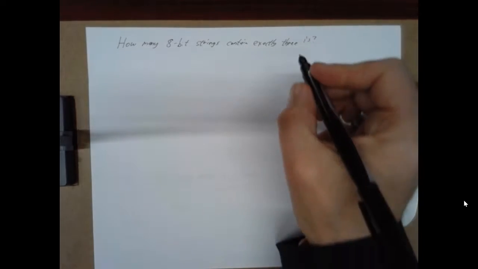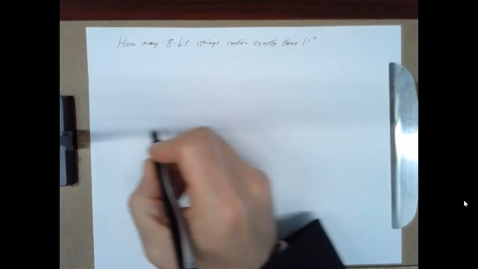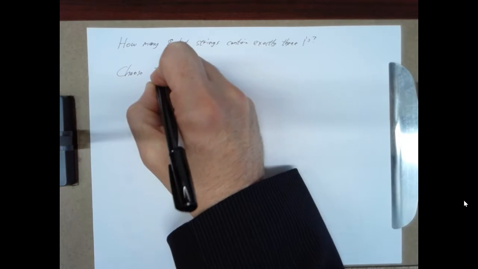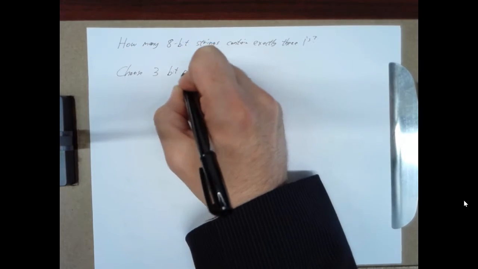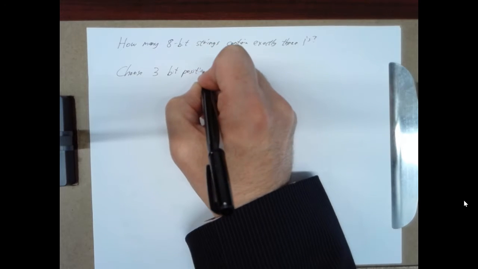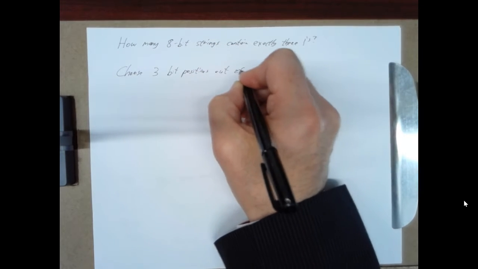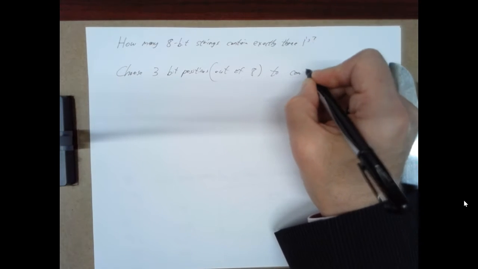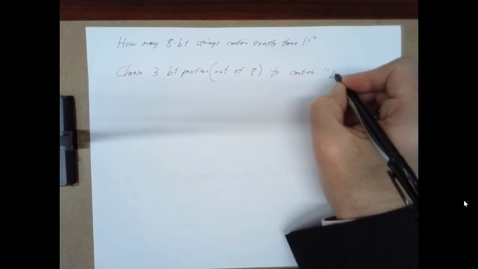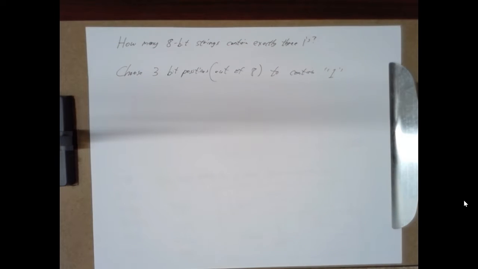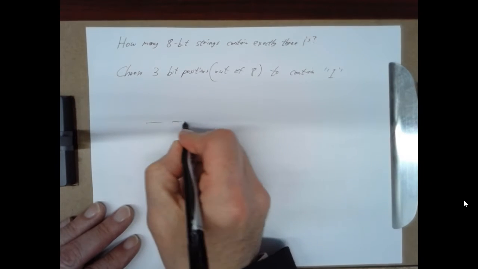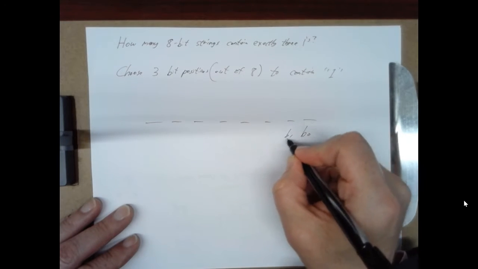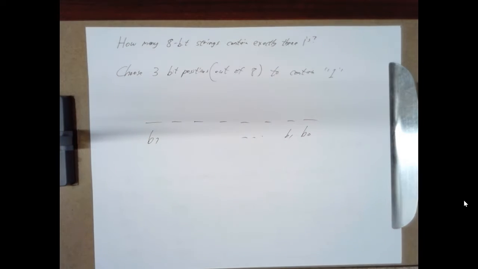So here's one way to think about this. Choose 3 bit positions out of 8 to contain a 1. So we've got 8 bit positions, bit 0, bit 1, up through bit 7.